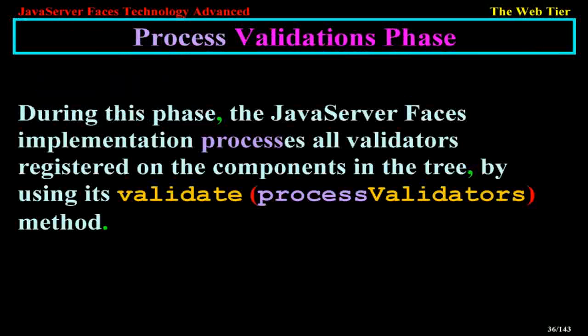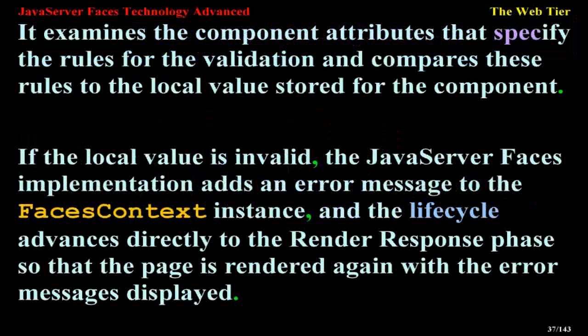Process validations phase. During this phase, the JavaServer Faces implementation processes all validators registered on the components in the tree by using its validate method. It examines the component attributes that specify the rules for the validation and compares these rules to the local value stored for the component.